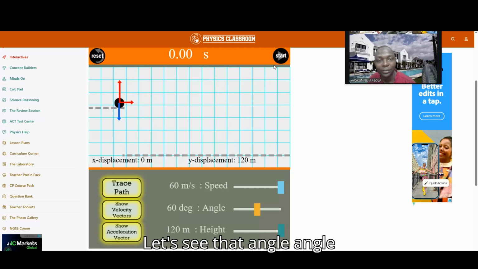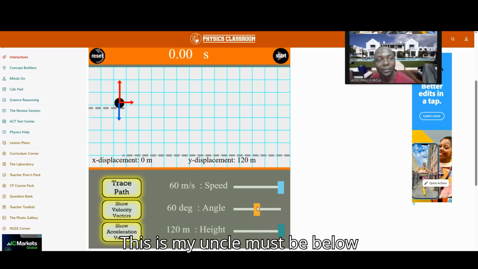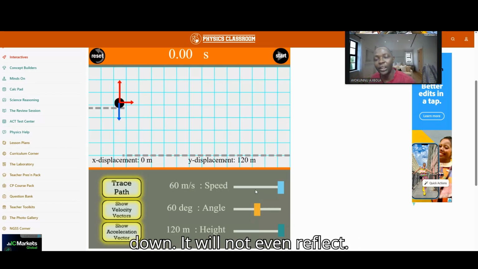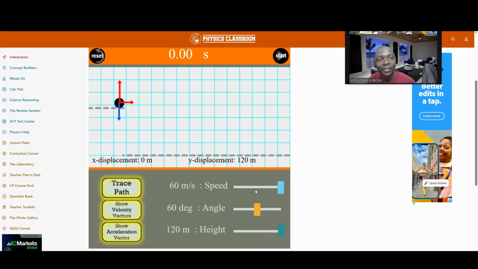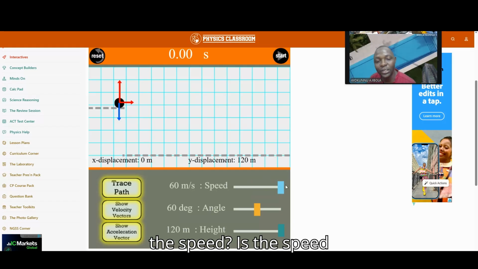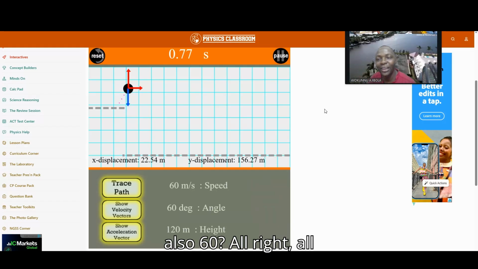The angle must be below 90. 90 is just a straight line up and down. It will not even reflect. That's 60. Is the speed also 60? It's okay like this.